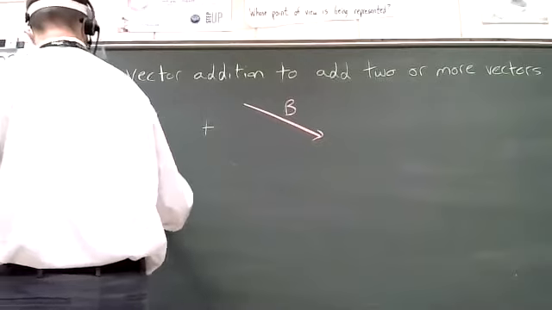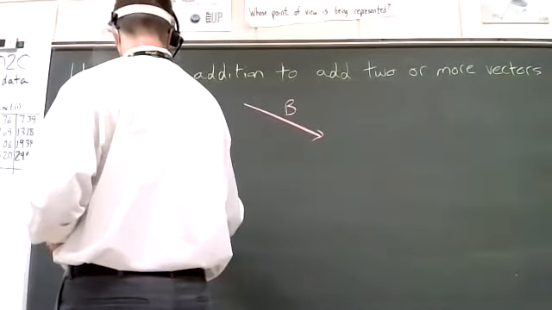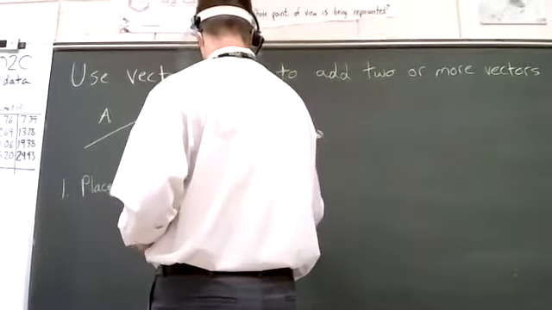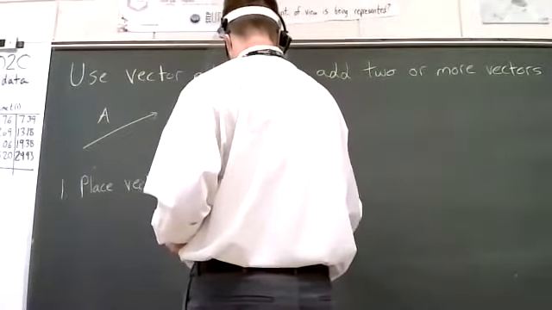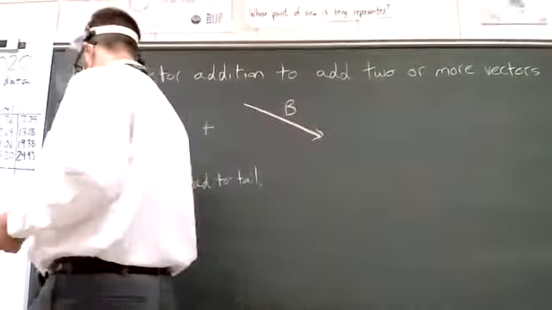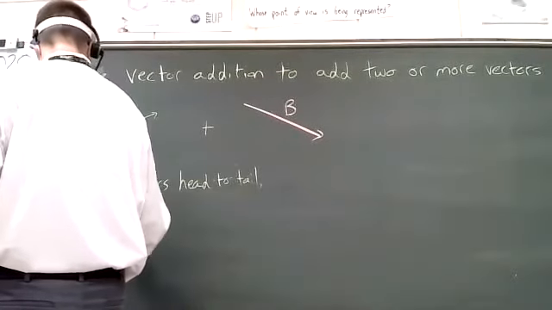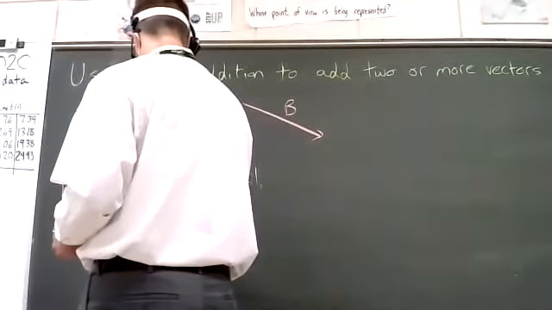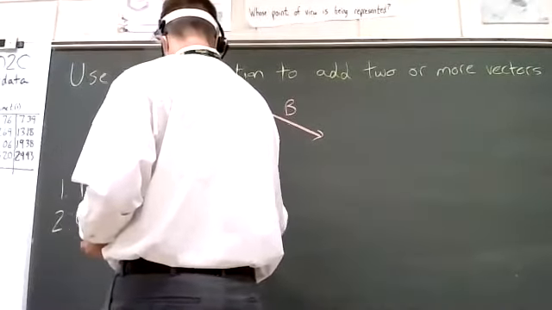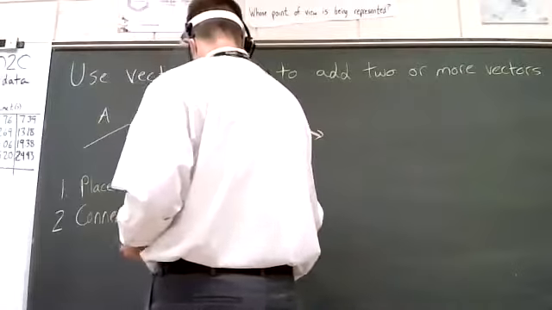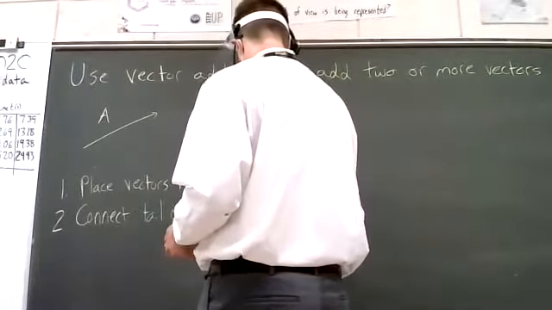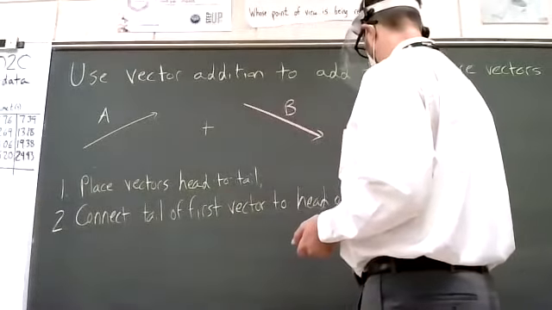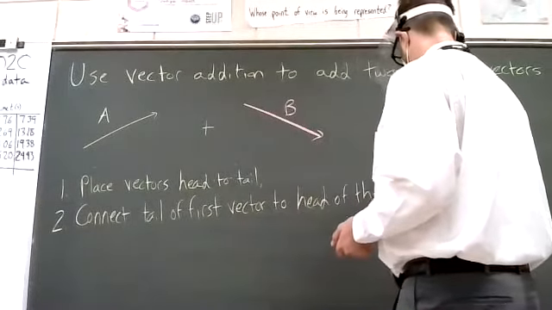Place vectors as the tail, connect the tail of the first vector to the head of the last vector.